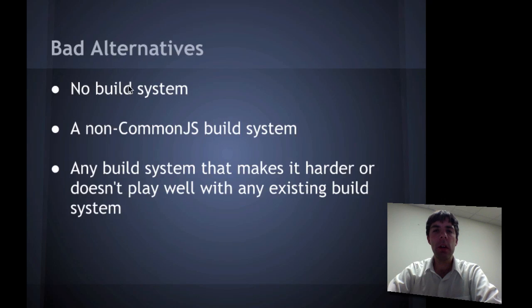Okay, so bad alternatives: not using a build system, continuing to write modules that assume one or the other. And of course, there's going to be subsections of your code that do need to assume one or the other, but I think the MVC pattern should be applied, or whatever you want to call it, because people come up with new names for that pattern all the time. But the model view controller, the part where you separate your logic from your underlying implementation or your UI, like web requests can easily be abstracted whether using Node or the browser.